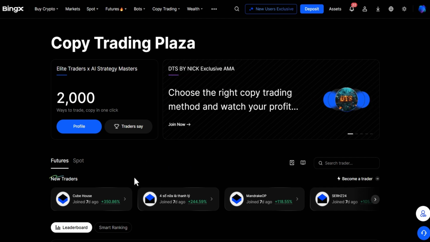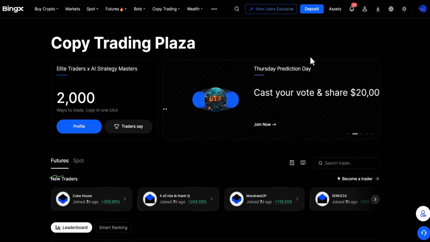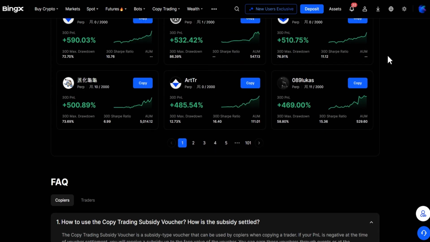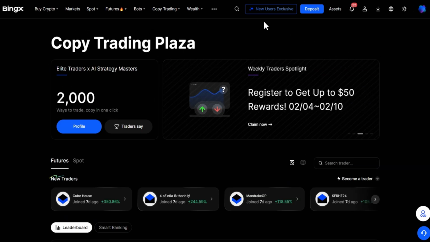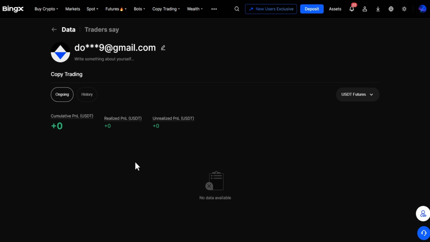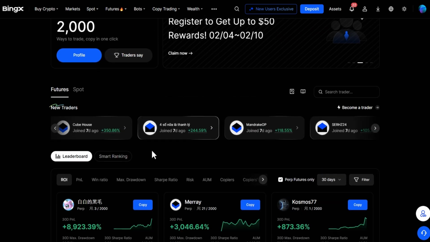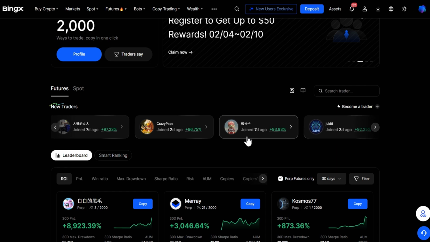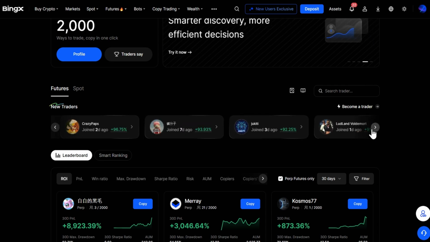Once you're in the futures copy trading dashboard, you'll see several sections. Now look, this might seem a bit overwhelming at first, but I'm going to break down everything you need to know. At the top, you can see your profile section, which shows your current copy trading performance, equity, and realized profits. Below that, you've got the new trader section, which highlights traders who recently joined the platform and are showing strong early performance.